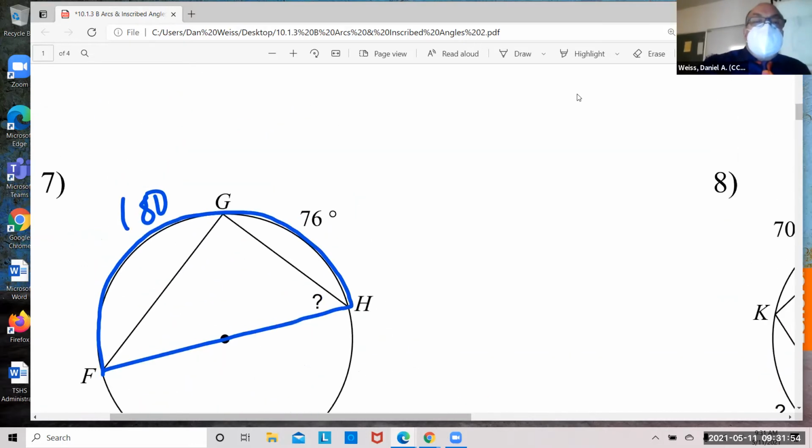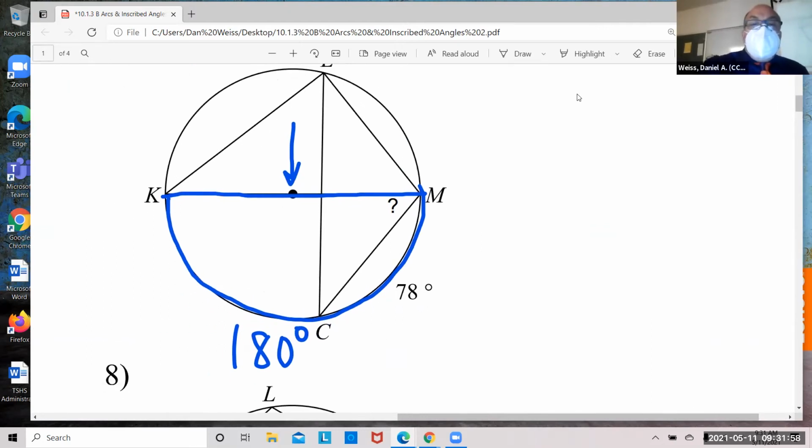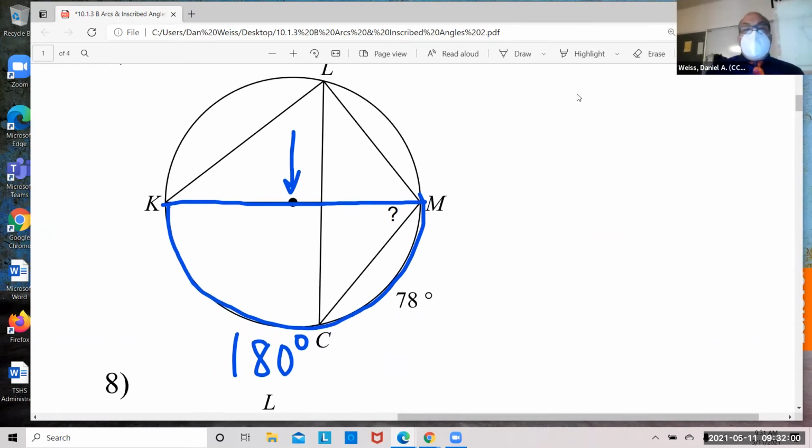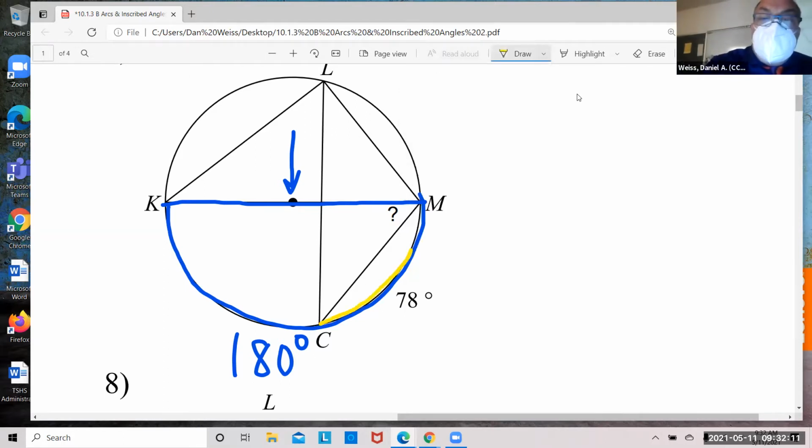So let me talk about this for a second. If this blue arc is 180 degrees, all right, and this arc here is 78, right?